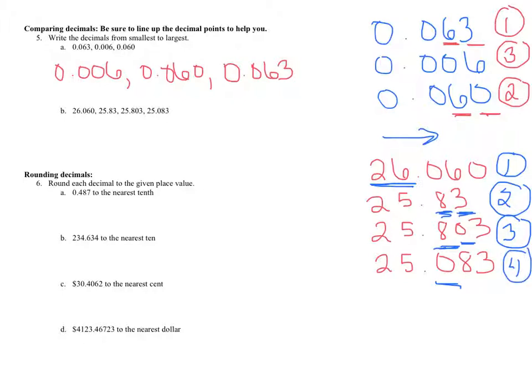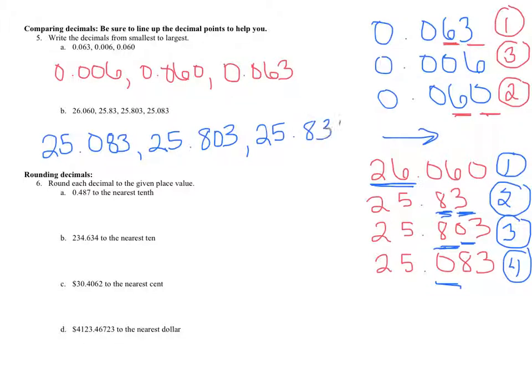So writing these from smallest to largest, I have the 25 and 83 thousandths, the 25 and 803 thousandths, the 25 and 83 hundredths, and lastly the 26 and 60 thousandths.